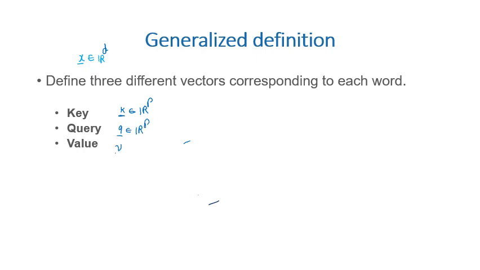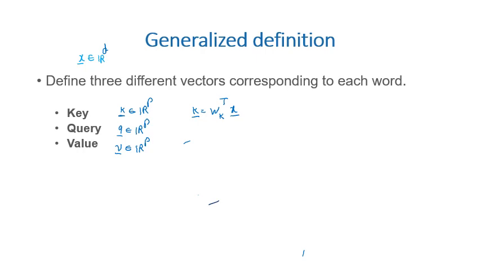I have a value, which is another vector in p dimension. As I said, k would be a projection of x through a projection matrix, and I'm going to learn the values of this projection matrix through my learning process.